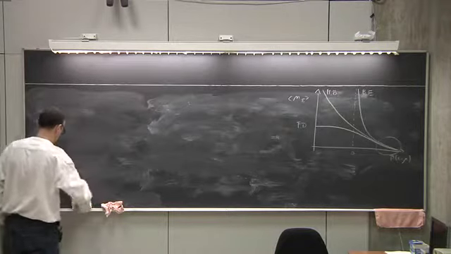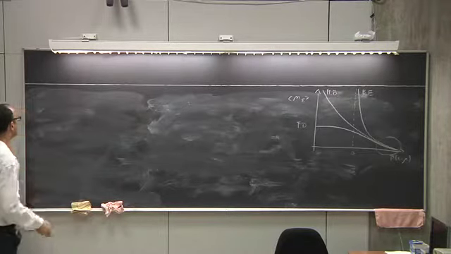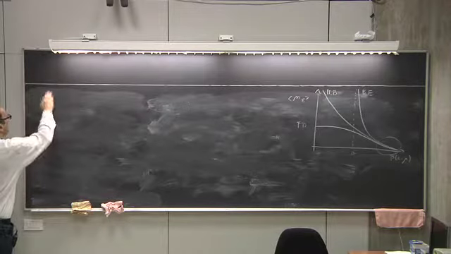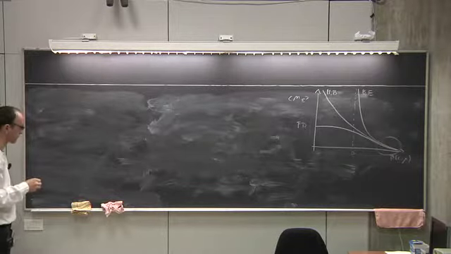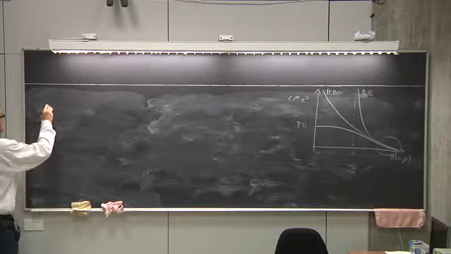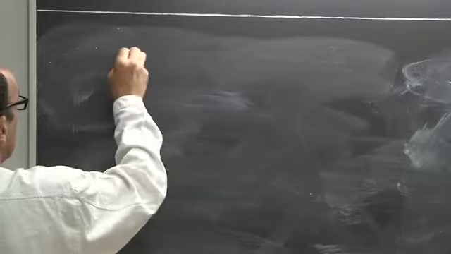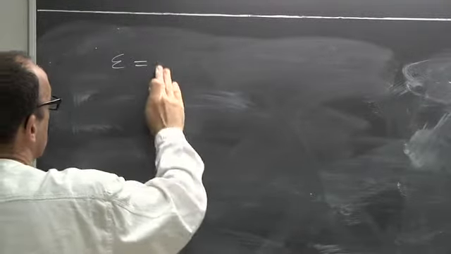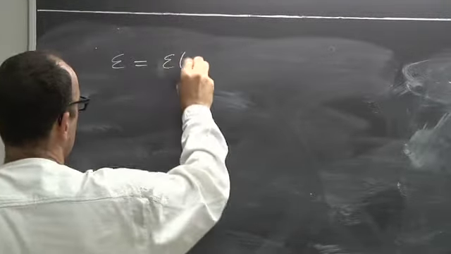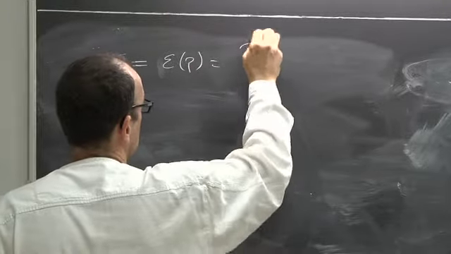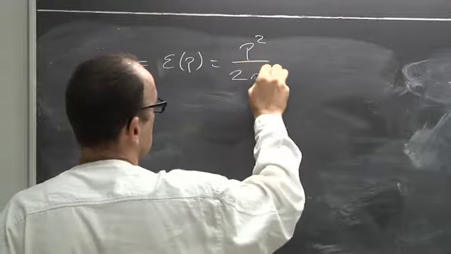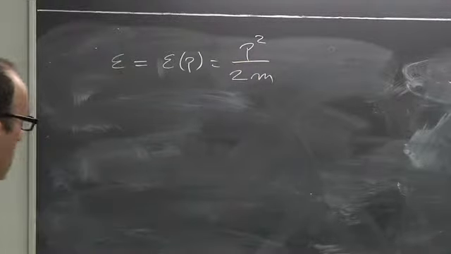For an ideal gas which is monatomic and without spin, the energy is a function of momentum. Typically, if you consider non-relativistic gases, then this will be equal to this.